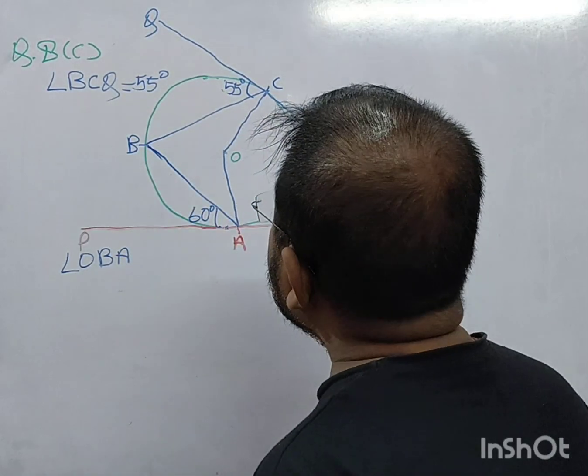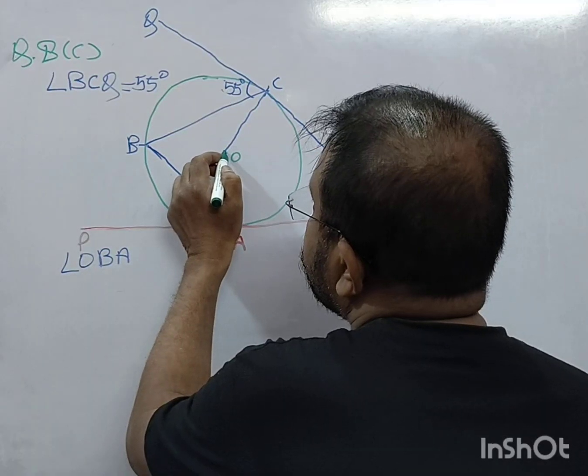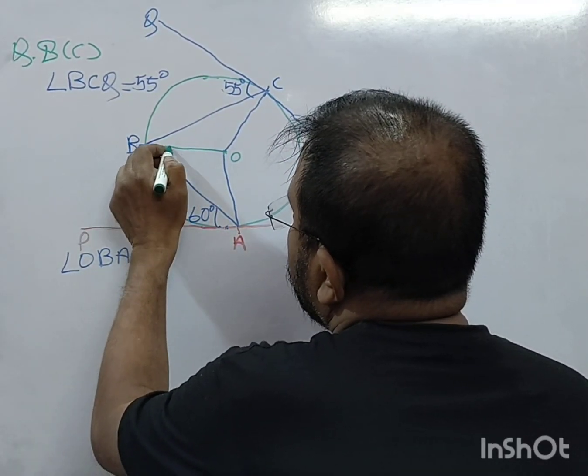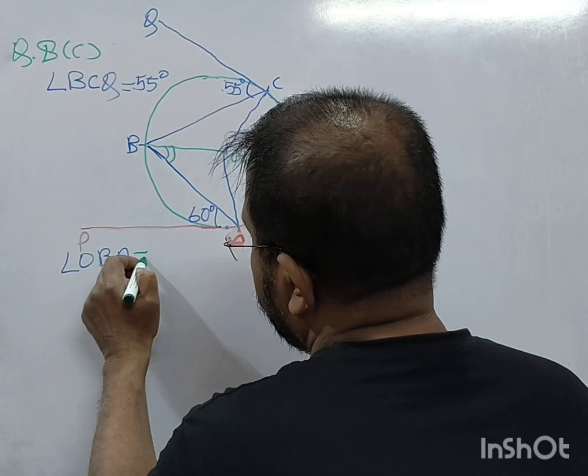For getting OBA, we must join this, right? So this is angle OBA.